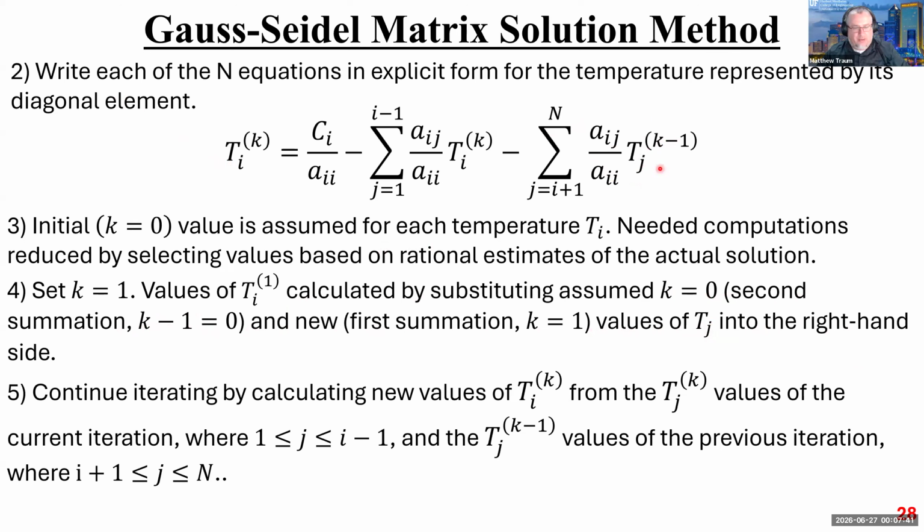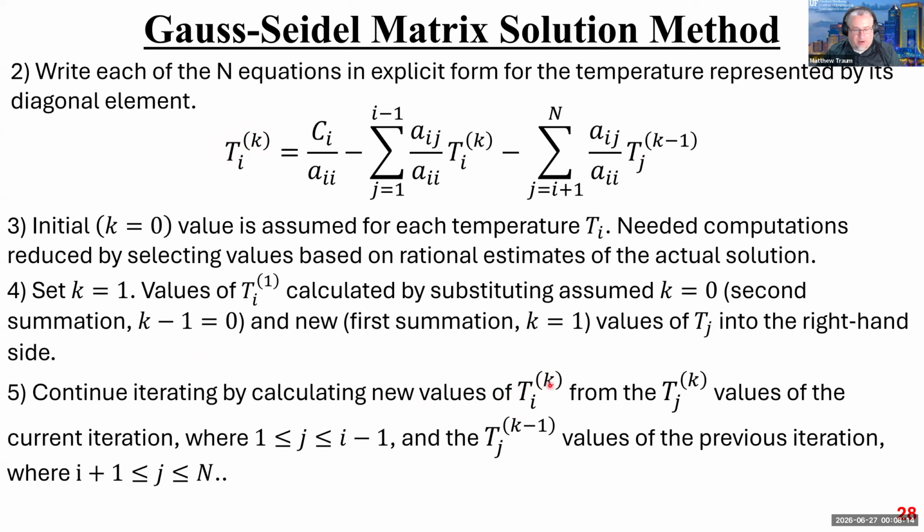So okay. So what are we doing? We've got the current guess. We've got the previous guess. We're gonna plug all the values in here, and out is going to pop a guess for temperature at a particular node for a particular iteration k. And then we're just going to continue doing that, right? Continue iterating by calculating new values of T sub j.